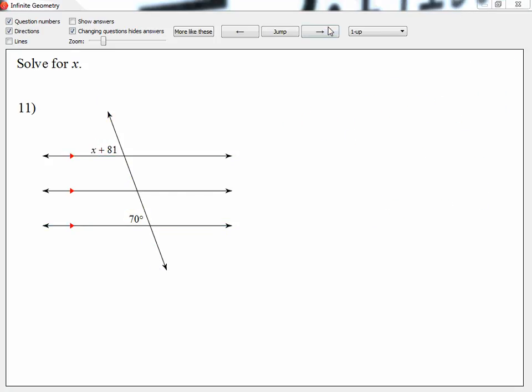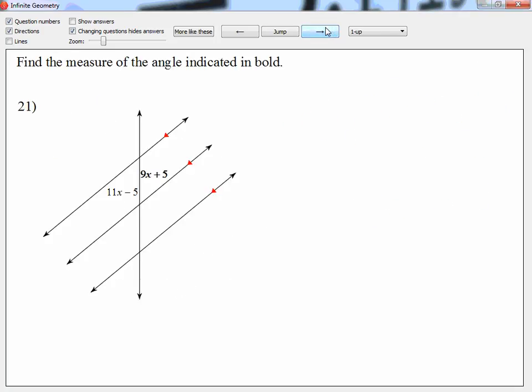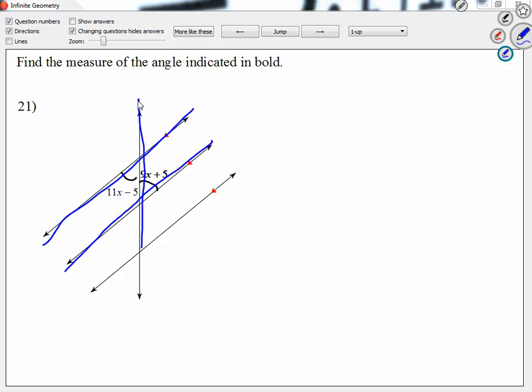Alright, take a look at number 21. My 9x plus 5 is this angle at the bottom. It just didn't fit at the very bottom. And x minus 5 is this other one right here. So the lines that I need are these two lines with this transversal. I noticed that the two angles that I need are alternate interior. So I'm going to let them equal each other. I'm just going to say 11x minus 5 is equal to 9x plus 5.